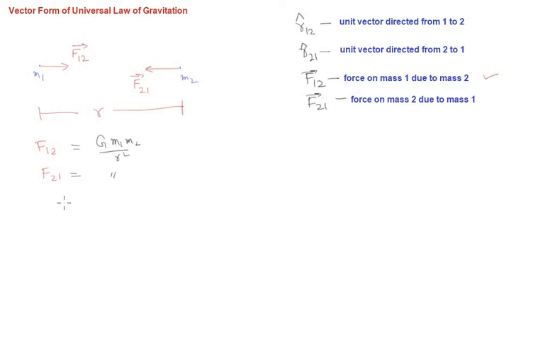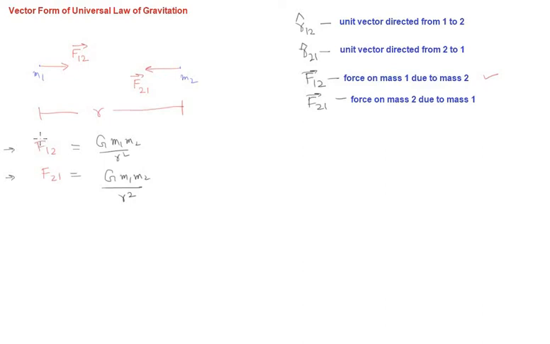That means we can also write G m1 m2 by r square. Now as you can see, these two equations have F on the left hand side. This F does not have a vector sign, which means it only represents magnitude.